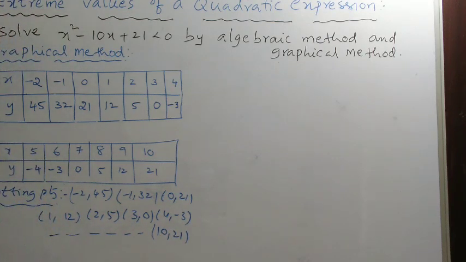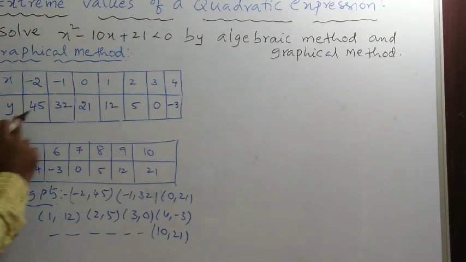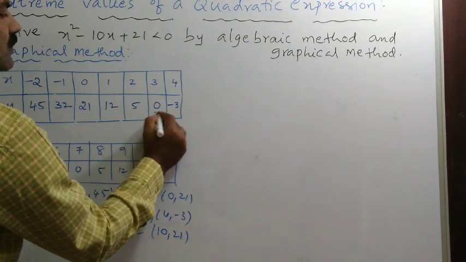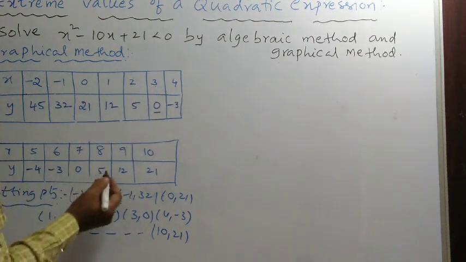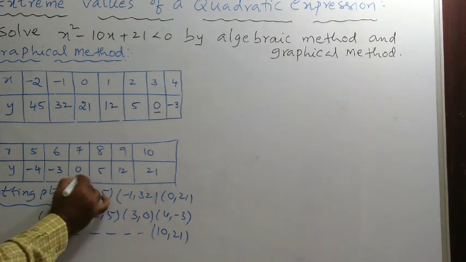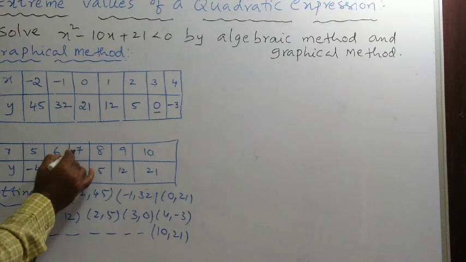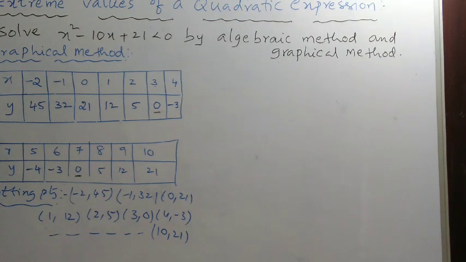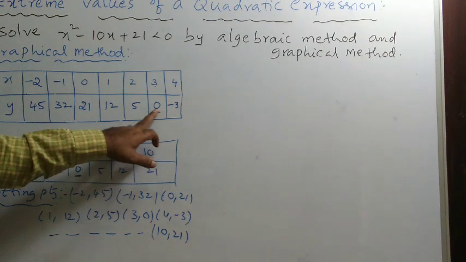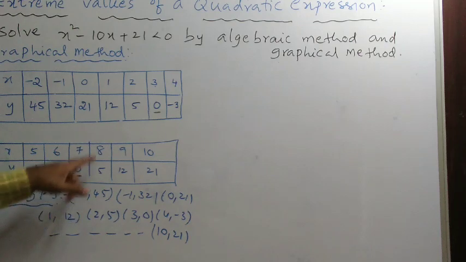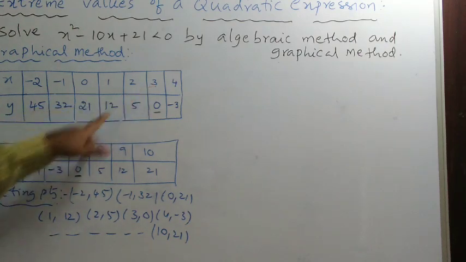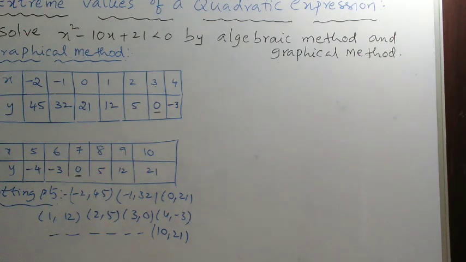Now please observe the table. Especially, we got the y value 0 when x is 3. Similarly, here also the y value is 0 when x is 7. That means when you get the output as 0, that indicates the values of x are the solutions. If it is an expression, we call them zeros of the given expression.